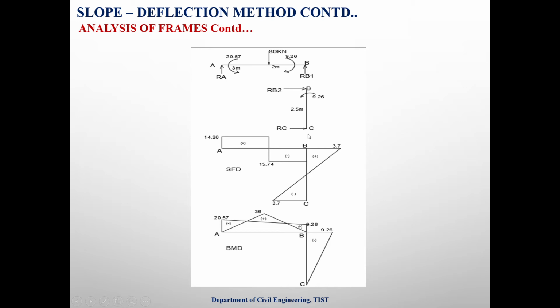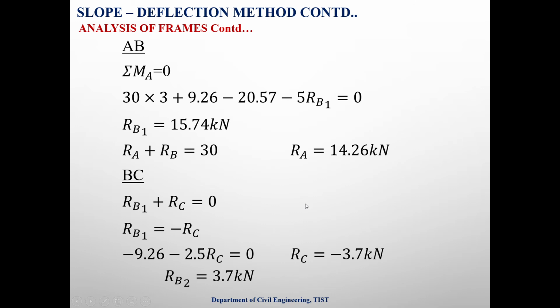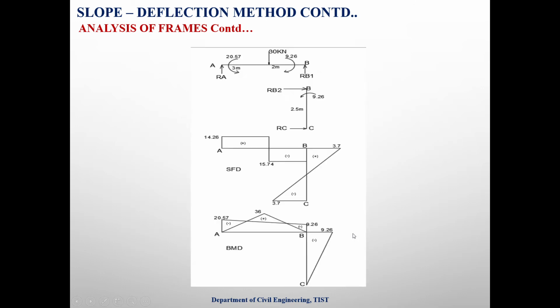RB1 is in the upward direction. RB2 is towards left. For RC we got the value minus 3.7. That means your assumed direction is wrong. Your assumed direction is towards right, but you got minus 3.7, so the direction should be towards left. Mark RC towards left and join these two. This is the shear force diagram.